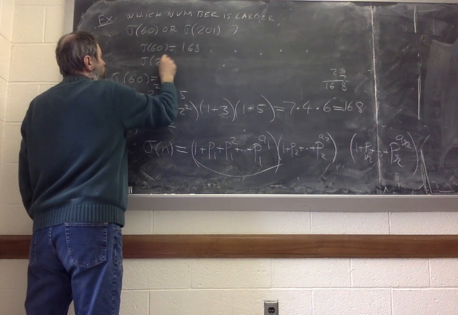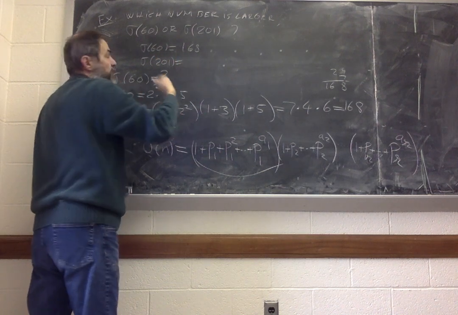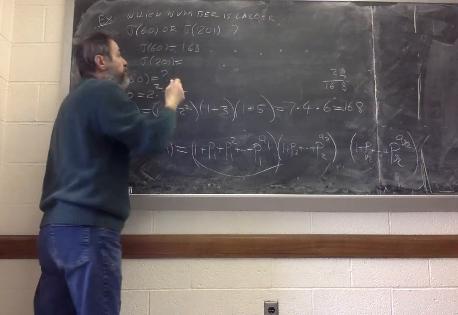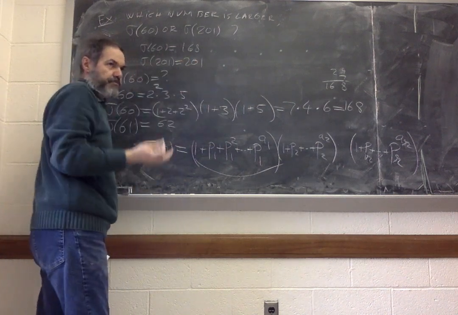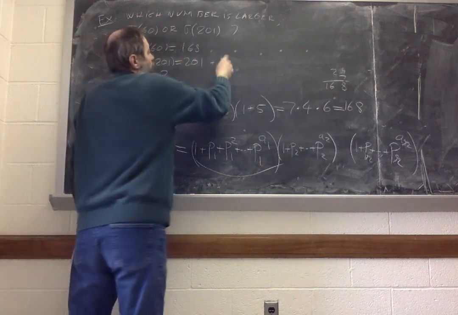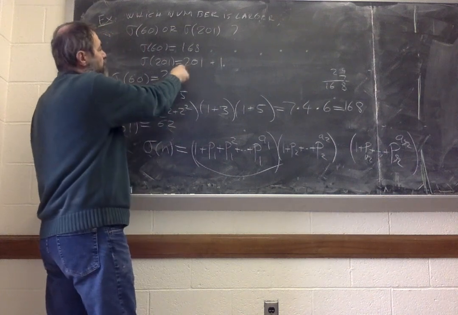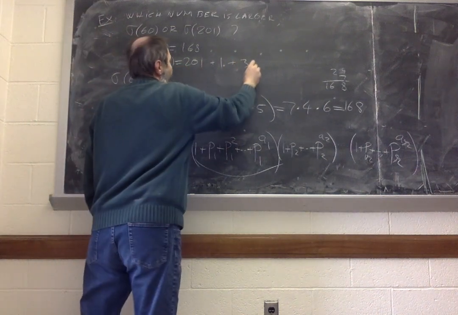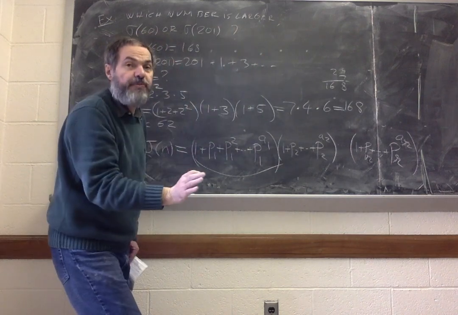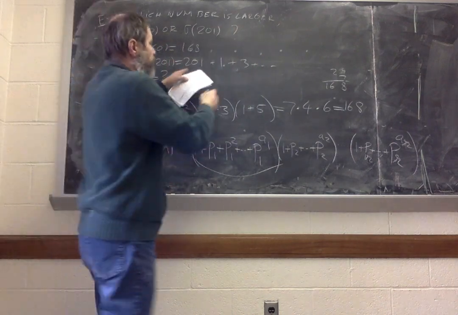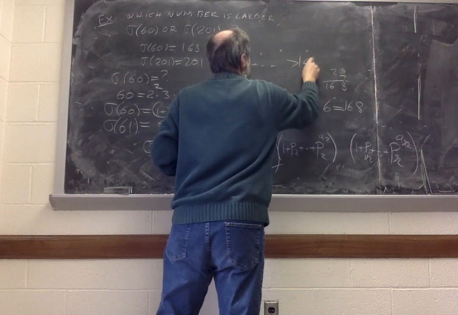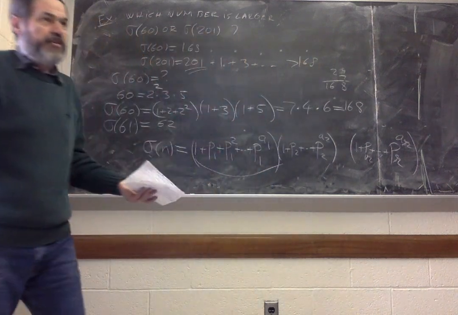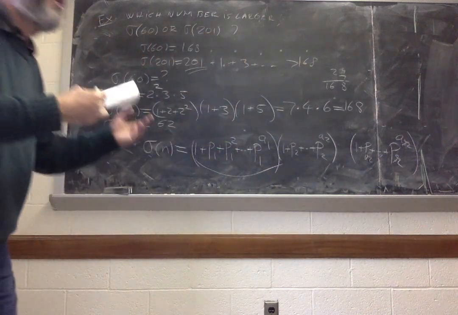Sigma of 201 is going to be the sum of all the divisors, one of them being 201, another one being 1. I can see 3 is a divisor because 2 plus 0 plus 1 is 3, so it's a multiple of 3. But I don't care. Plus dot, dot, dot. I don't need to compute. I can immediately say that this is larger than 168 because I already have a divisor that's larger. So in some cases, I don't even need to compute.